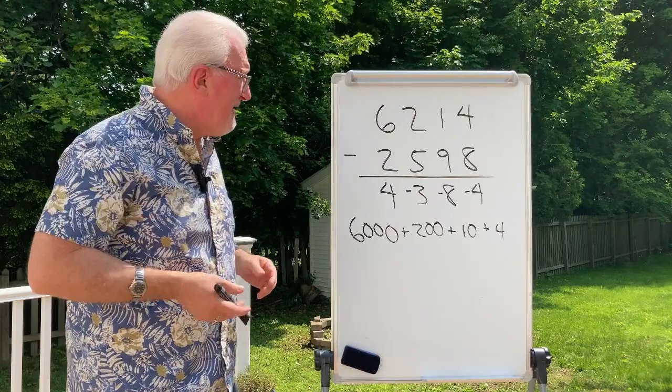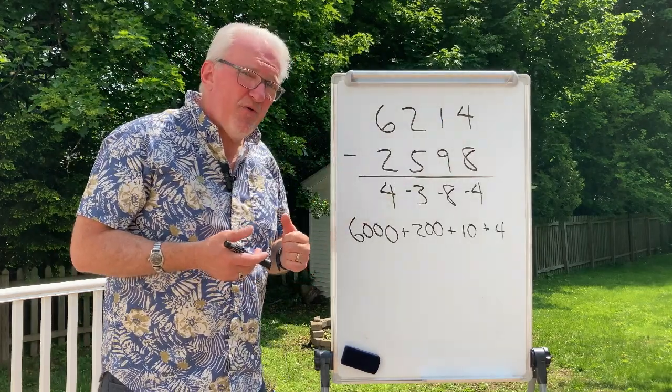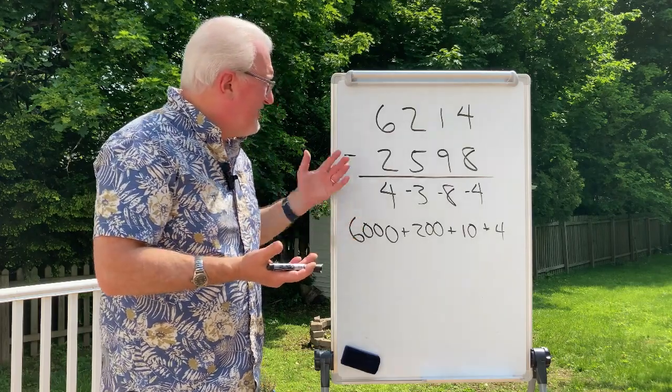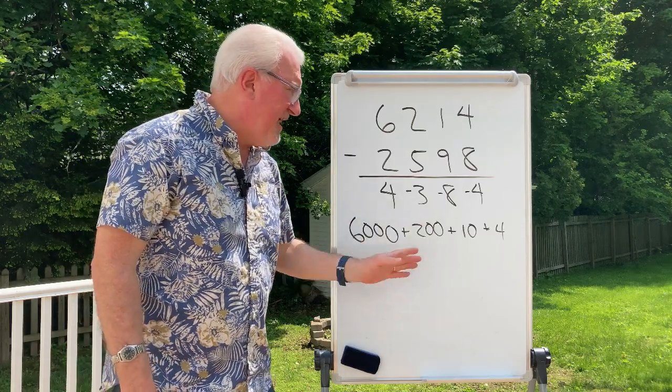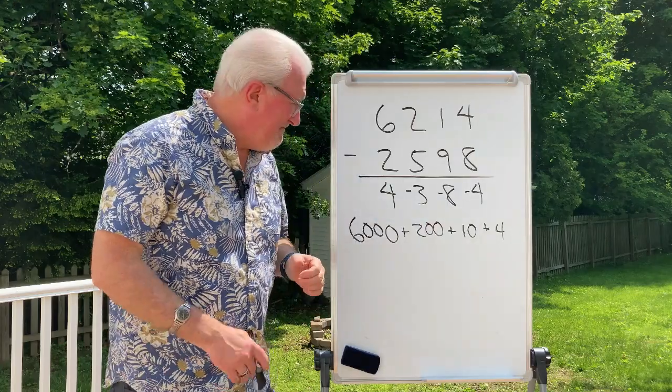Actually, if you think about it, whenever we read this number, what we're actually doing is verbally adding together its components. 6,214 is, in fact, 6,000 plus 200 plus, well, 10 and 4 is 14.